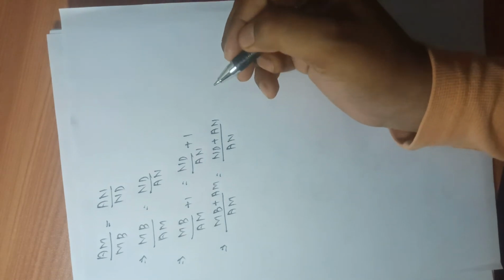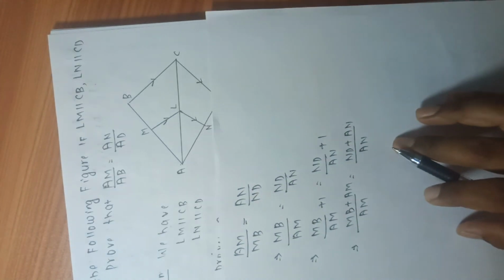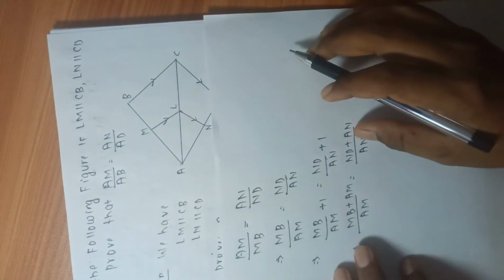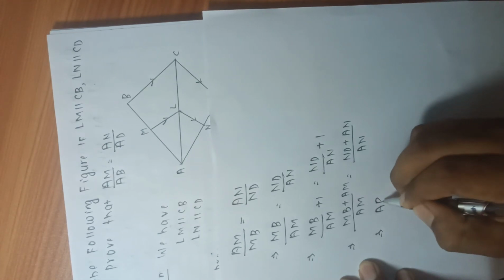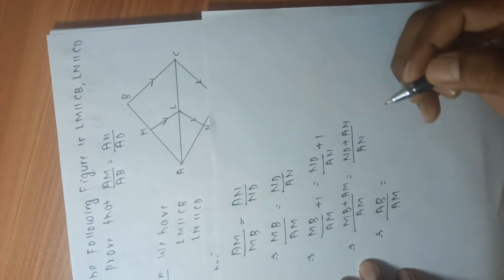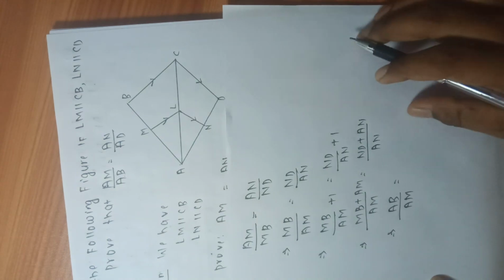You can see if we add MB plus AM, we will get AB, and if we add ND plus AN we will get AD.